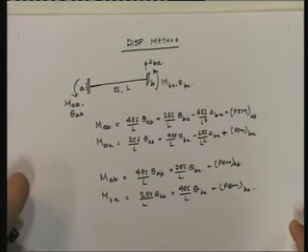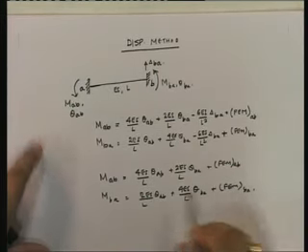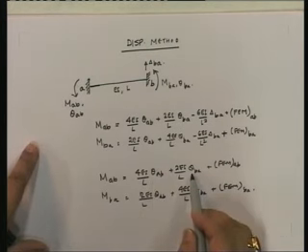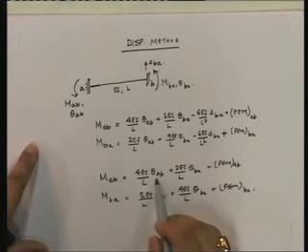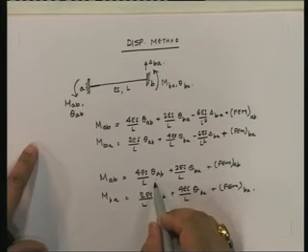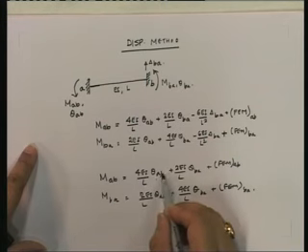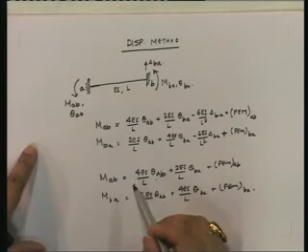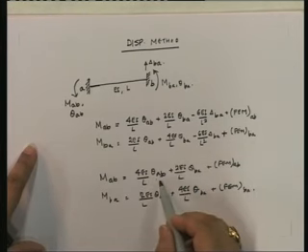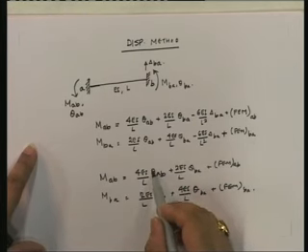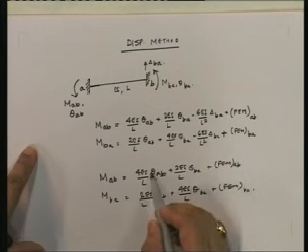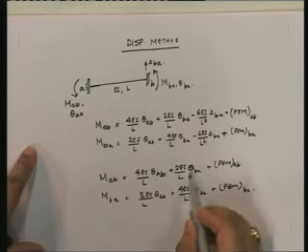Now, if you look at this here, what are the definitions of theta AB and theta BA? These are defined from the chord to the displaced tangent. The chord is the straight line joining A and B. From the chord to the displaced tangent, that is theta AB.